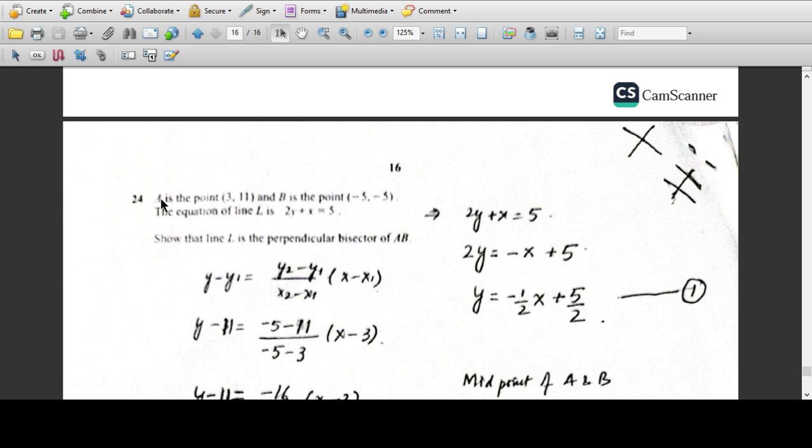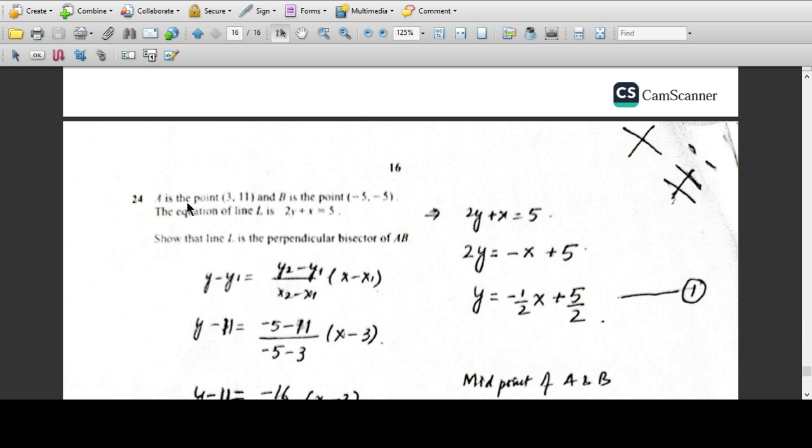The equation of line AB is obtained as y minus y1, and because line AB will pass through both lines, we'll take one of the lines, this one.